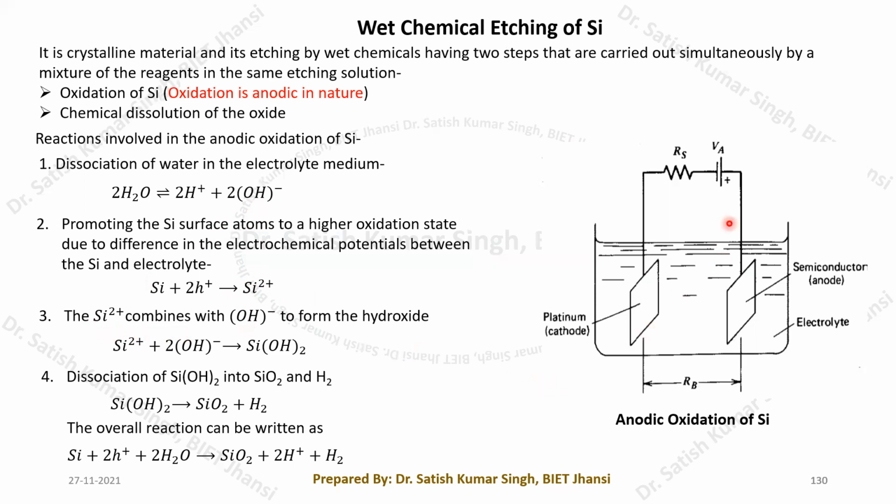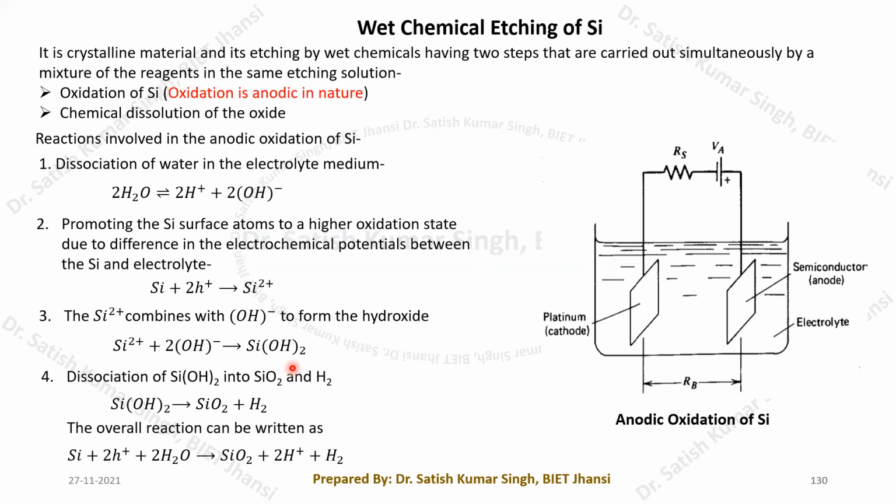Remember that these holes are repelled from the inner side and go towards the outer surface, and this outer surface becomes Si2+ ions. These Si2+ ions then combine with the hydroxyl ions available in the electrolytic solution, forming a product which is nothing but Si(OH)2.